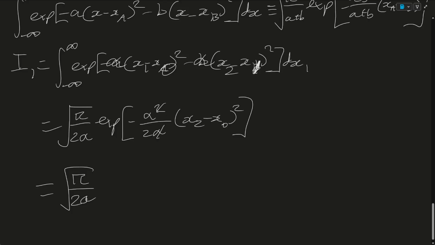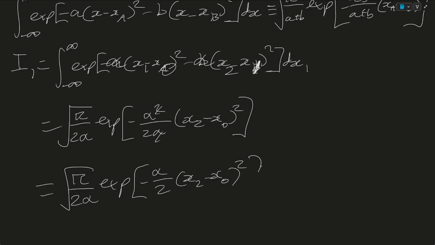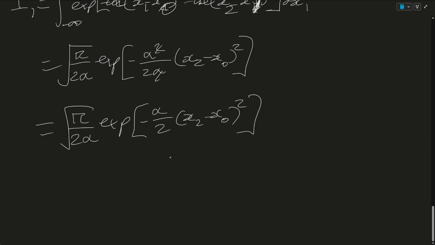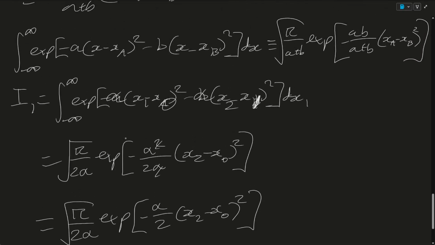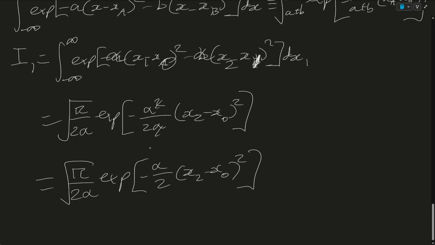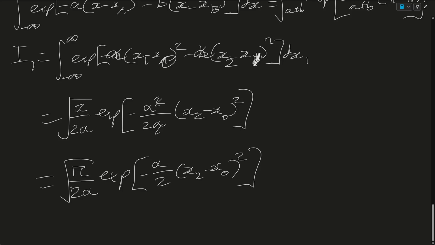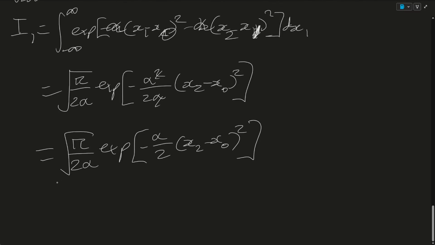Obviously that cancels. Exponent of minus alpha over 2 (x2 minus x0). Interestingly, we don't have x1 in this expression, but the coefficient here is halved, so we just have a straight link between x1 and x2, plus that extra term of pi over 2 alpha.